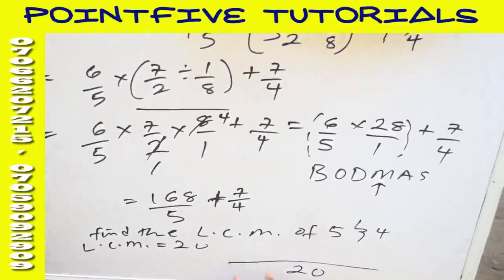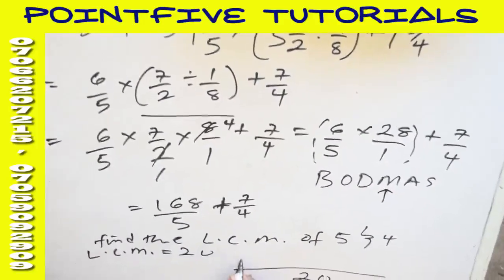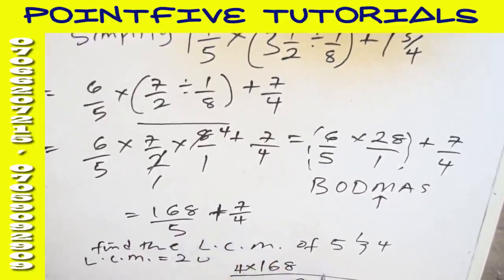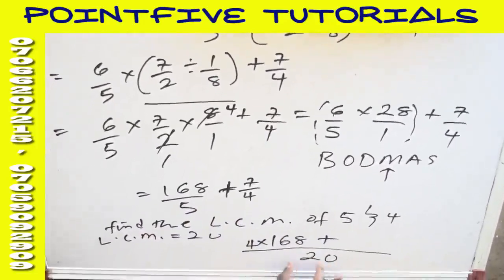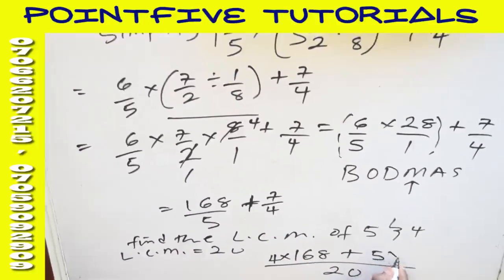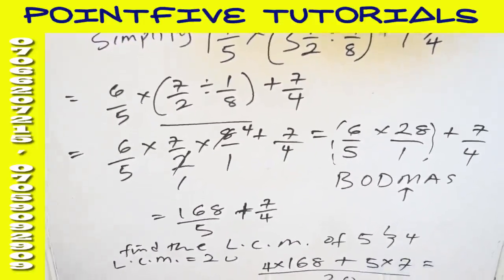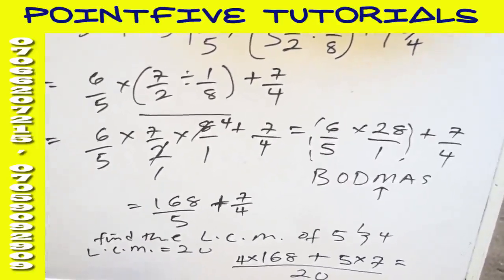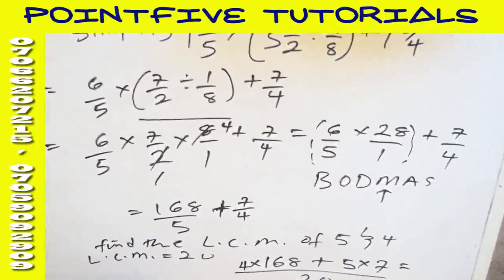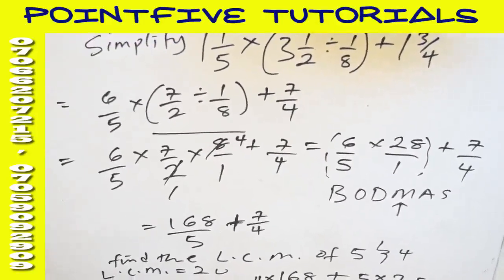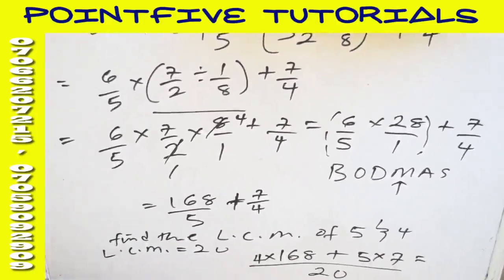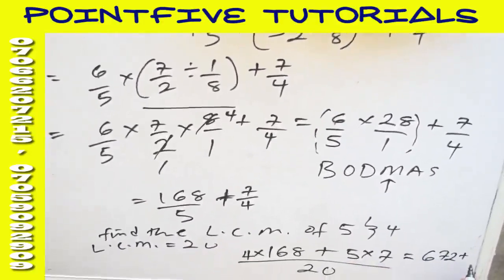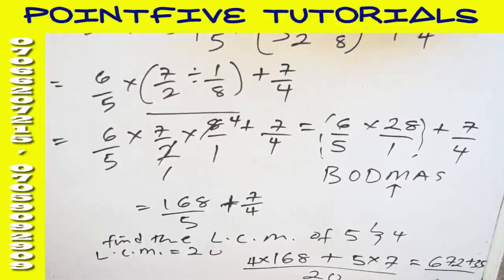This 20 divided by the first denominator will give you 4. 4 multiplied by 168. Then we have addition: 20 divided by 4 will give you 5, multiplied by 7. Now we are going to get 4 times 168 is 672, plus 5 times 7 is 35, all over 20.